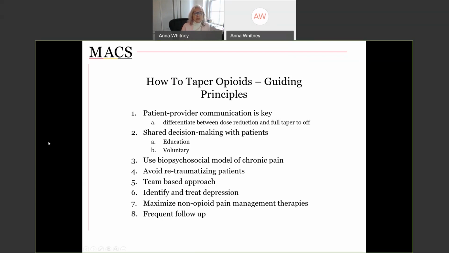Thirdly, using a biopsychosocial model of chronic pain. So we now know that chronic pain involves biological components, psychological components, and social components. And if you are familiar with addiction medicine, you will know that those are the same components that are involved in addiction.